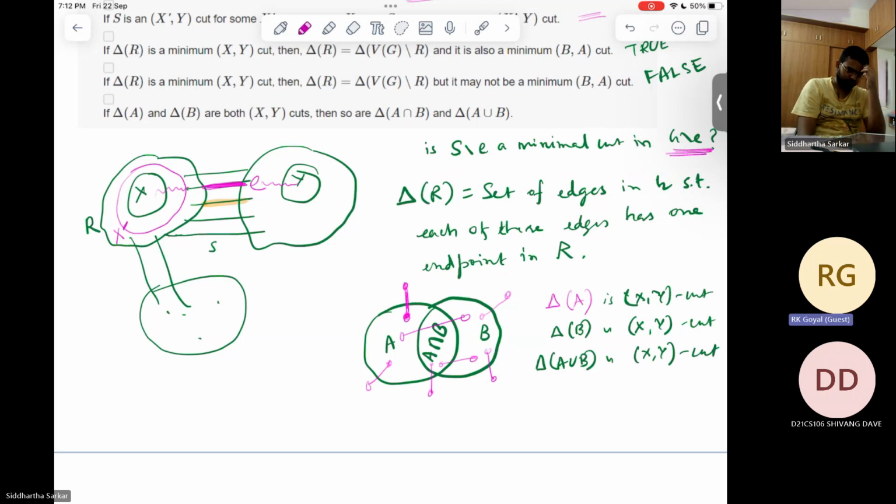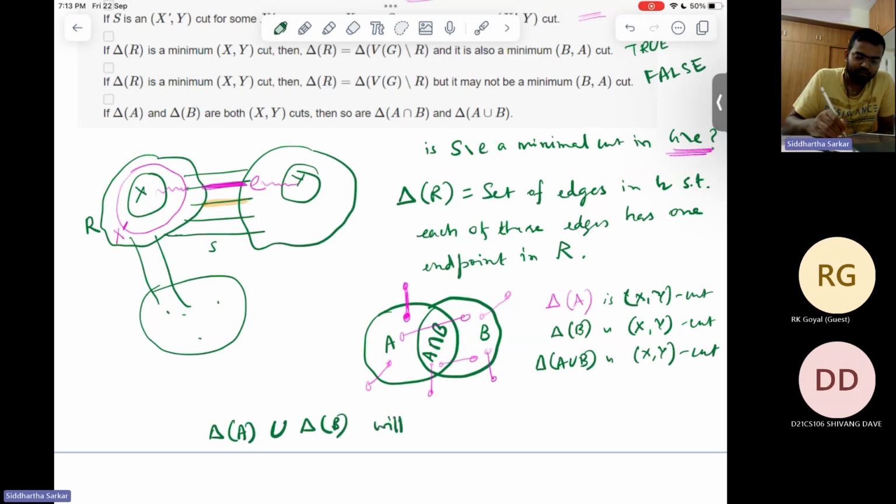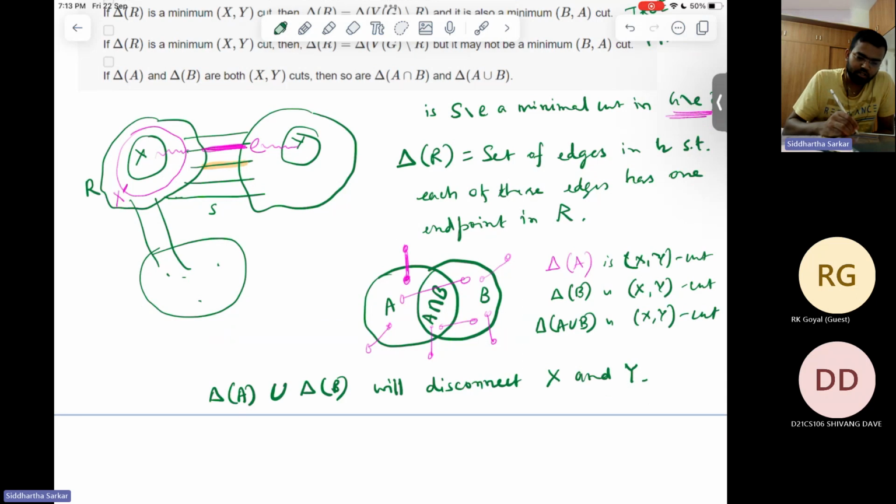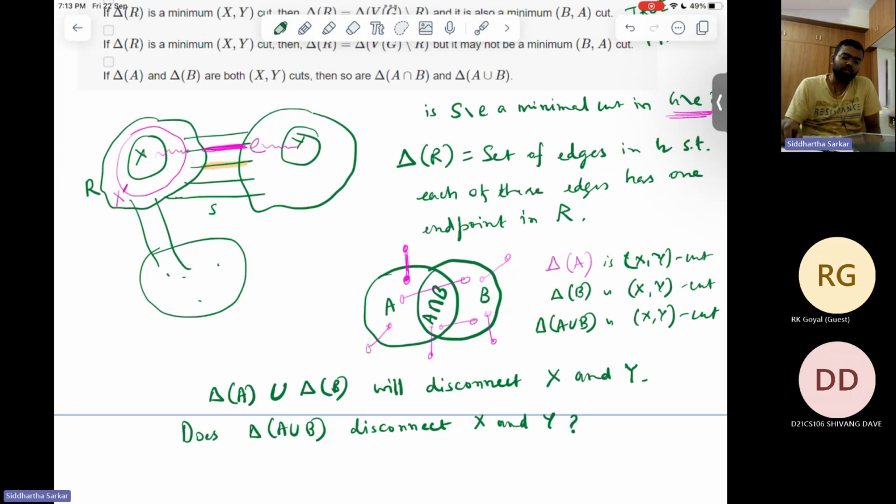There is an issue in this. If you say that delta A union delta B will disconnect X and Y, that I understand. But our question is, does delta of A union B disconnect X and Y? Delta of A union B need not be the same as delta A union delta B. Is that right?